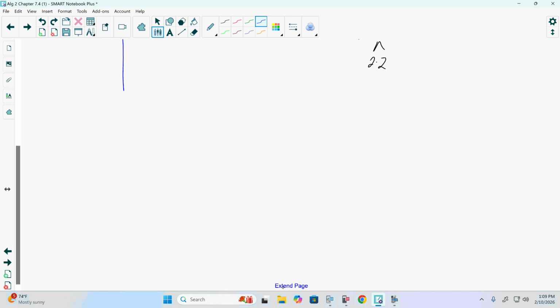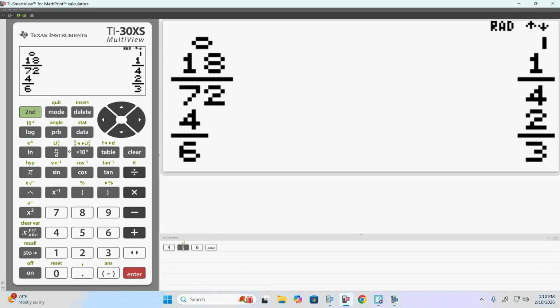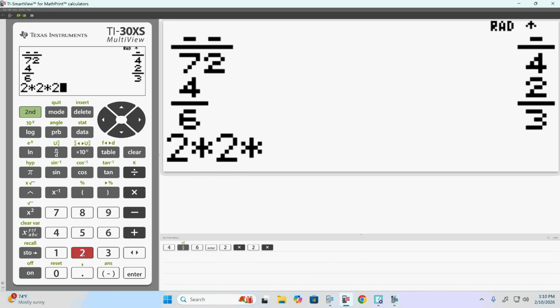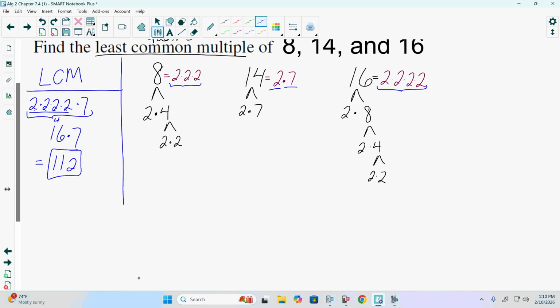Now when we multiply all of these numbers together, we'll get what the least common multiple is. Funny enough, 2 times 2 times 2 times 2 is 16, so we need to do 16 times 7. 2 carry the 4, 7 plus 4 is 16.